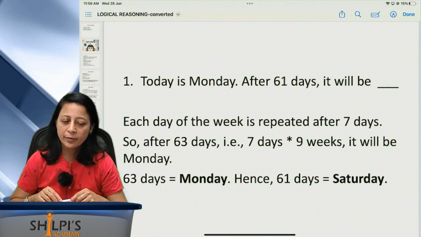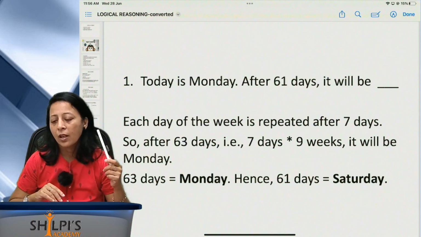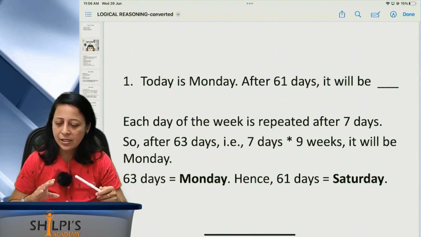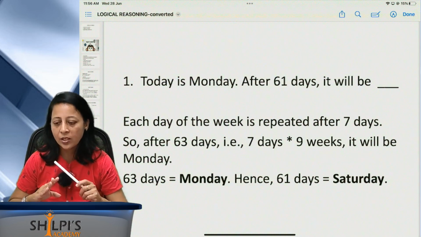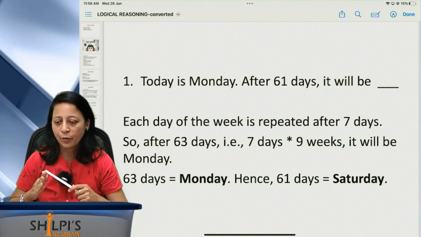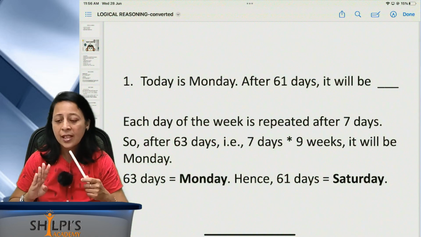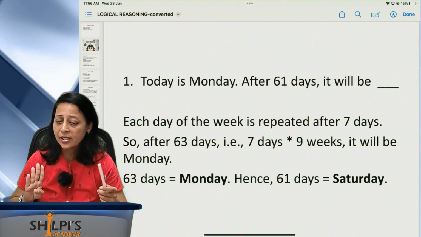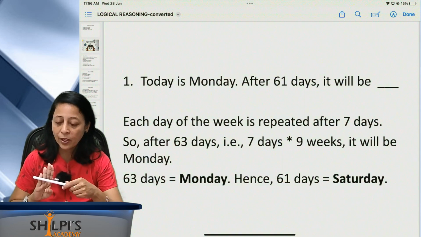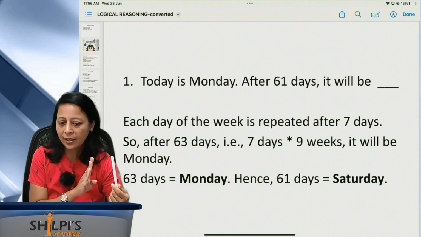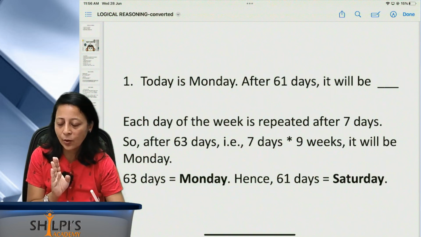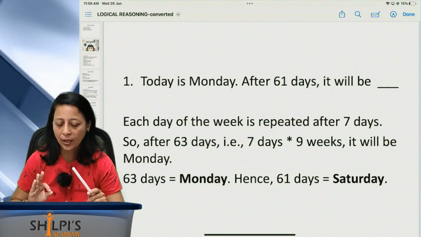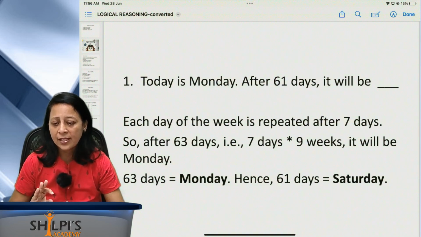So when we go 7 days, 14, 21, 28, 35, 42, 49, 56, 63. They are asking here for 61 days. Once we cross that, it is the completion of 9 weeks, which is 63 days.